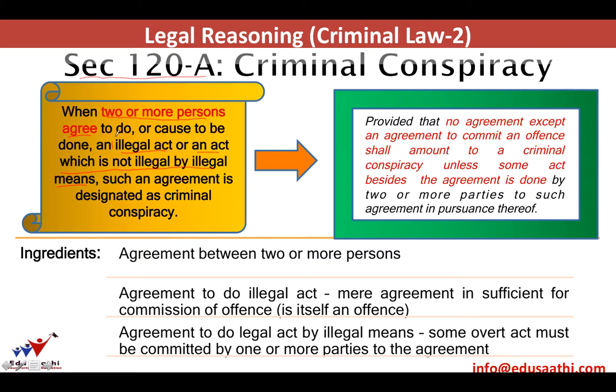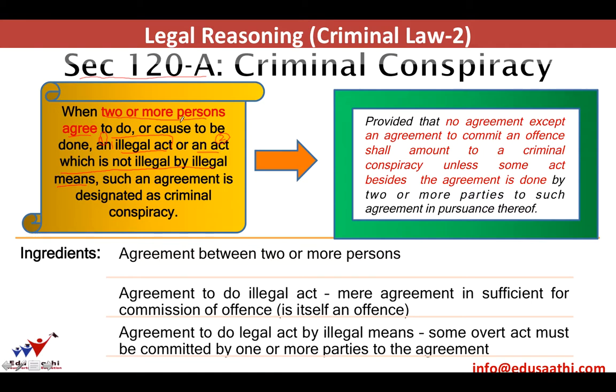First is an illegal act, the act which is inherently illegal. Second is an act which is not illegal, that means a legal act by illegal means. So herein the act is not illegal, but the means which are used to do that act are illegal. So two categories of things come into play, that is doing an illegal act or doing a legal act by illegal means. Such an agreement is designated as criminal conspiracy.